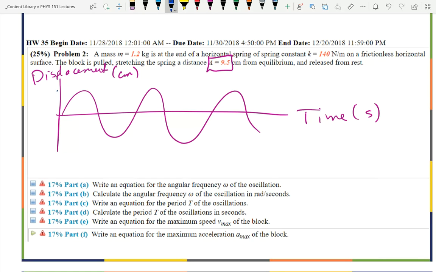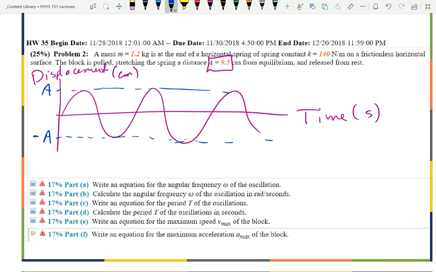It's because the amplitude is the name for the maximum displacement, and it goes from plus A to minus A. So here's a graph of what the simple harmonic oscillations look like for this problem. It tells us the amplitude here is 9.5 centimeters from equilibrium, and it gives us the mass.